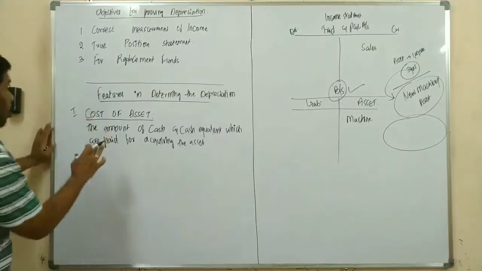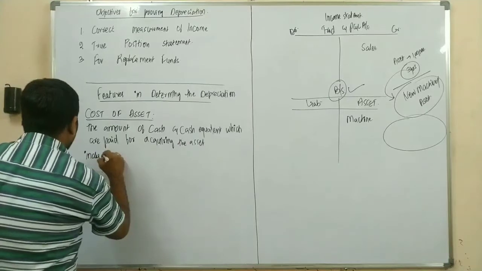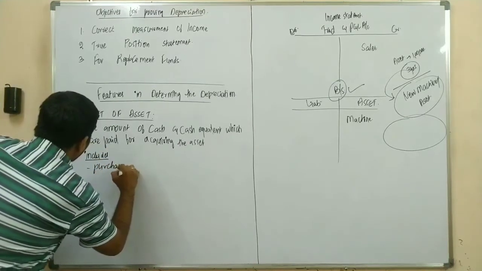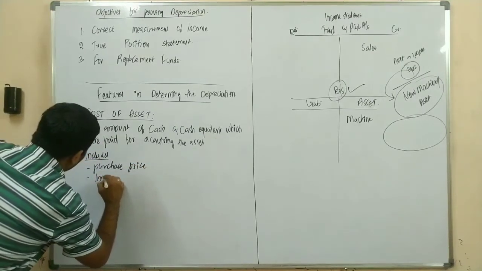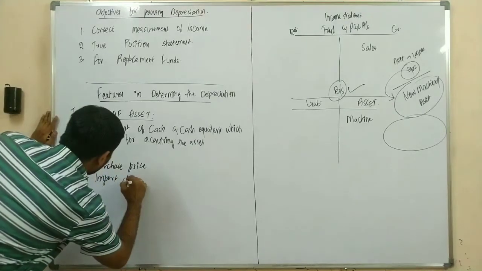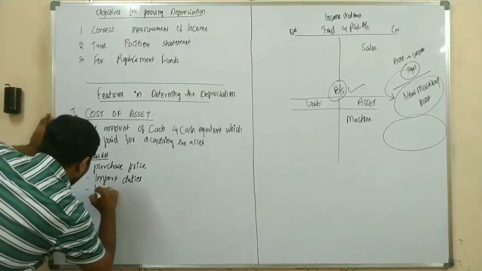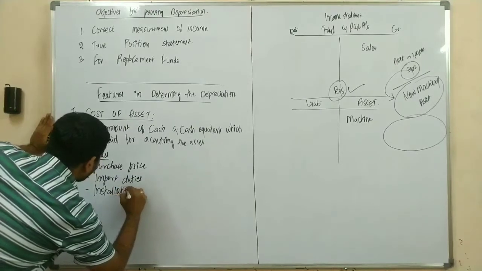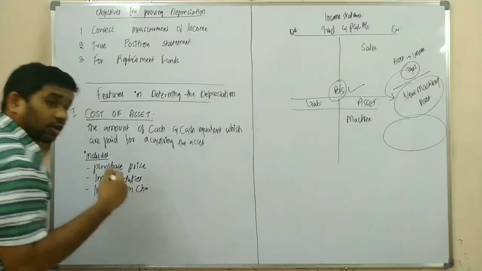So in that case, your cost includes purchase price and some import duties, if you are importing the asset, and your installation charges, because without installing you cannot run the asset.